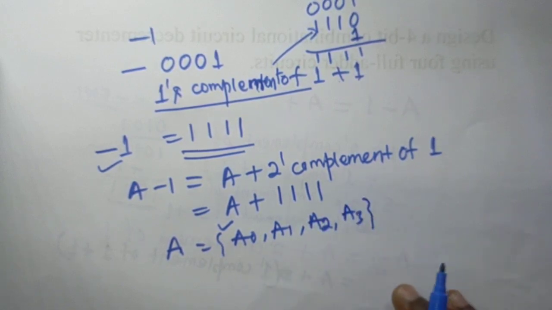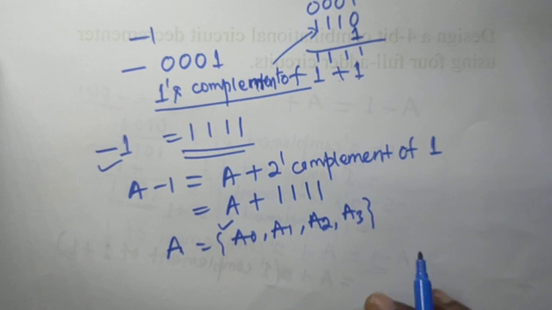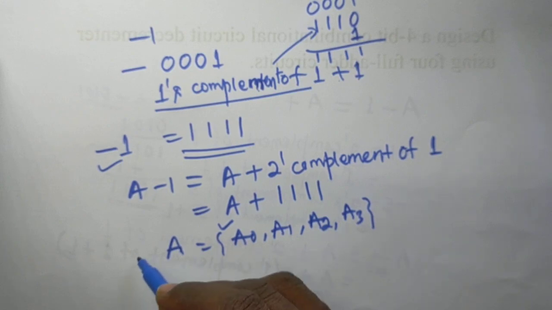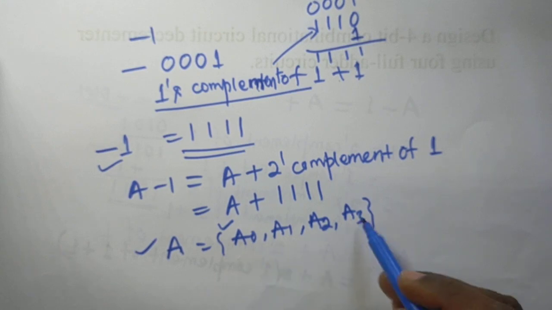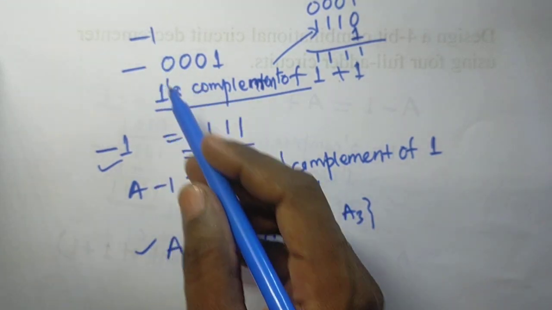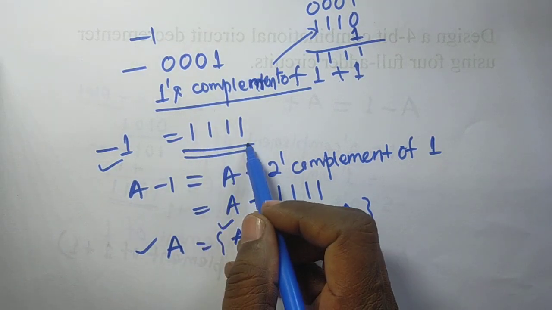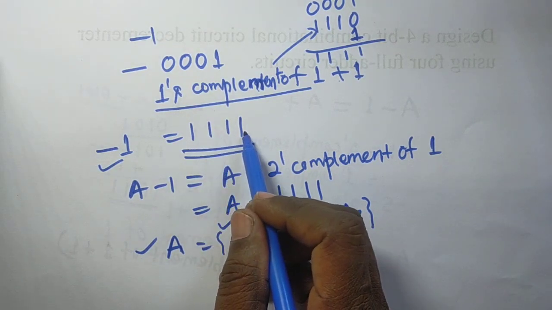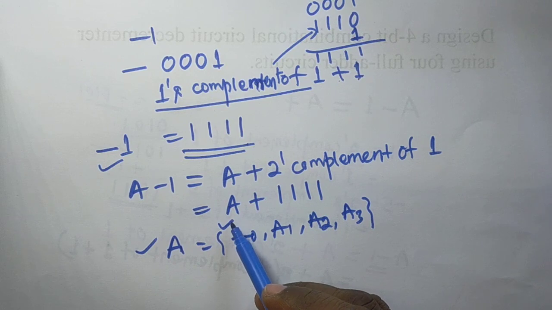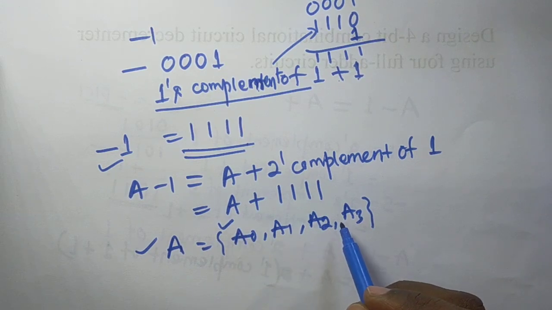Whenever we design a combinational circuit having 4 bits, we have to take it in this manner. Any number, suppose 1, we consider as 4 bits, meaning 1 1 1 1. Similarly, A is one value, but we consider 4 parts: A0, A1, A2, A3.